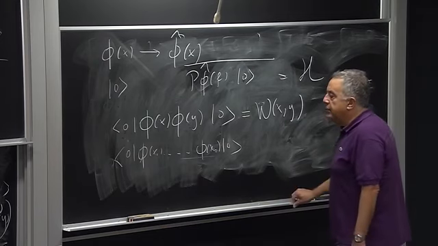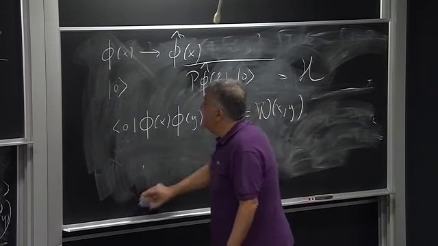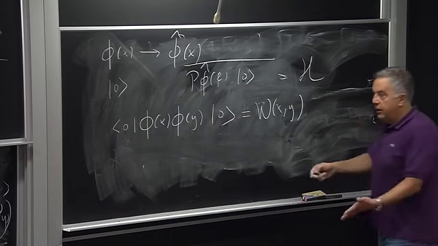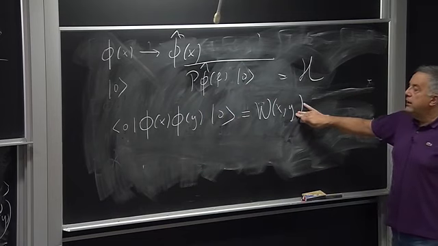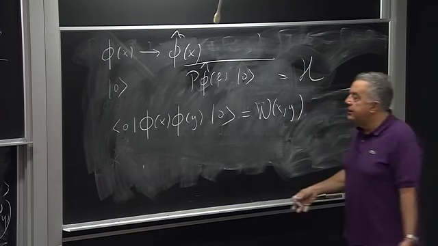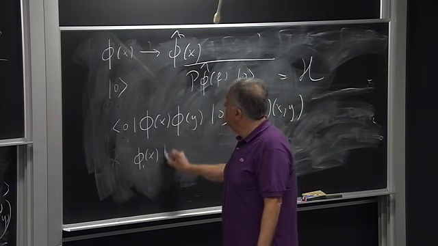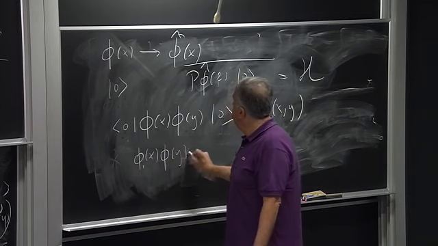So we want to construct the two-point function, which in a way encodes, I will show you how, all the properties of the theory, and you immediately understand the relation of the two-point function with the commutator.